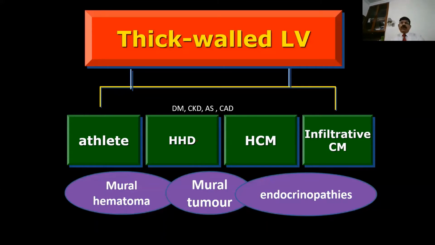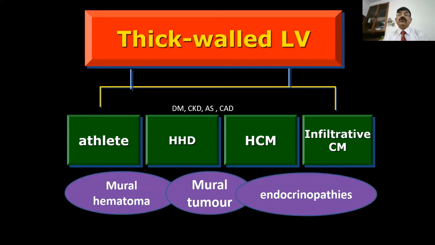But when we talk of differential diagnosis, we are talking about athlete's heart, hypertensive heart disease or hypertensive left ventricle hypertrophy, hypertrophic cardiomyopathy, infiltrative cardiomyopathies, endocrinopathies like acromegaly, hypothyroidism, and of course, sometimes the regional wall thickness can be because of mural hematoma, mural tumors, and mural cysts.